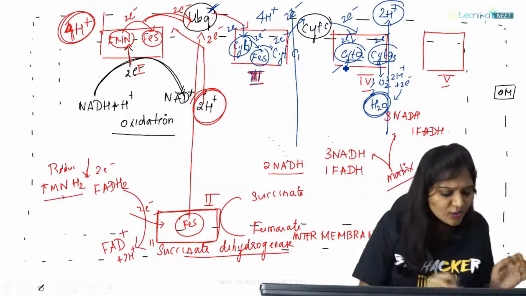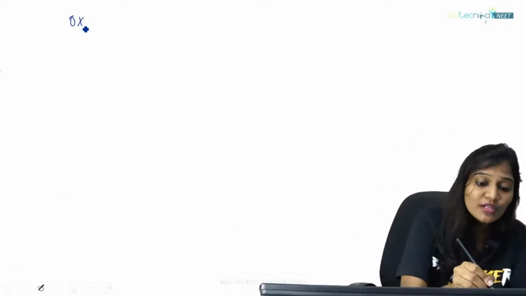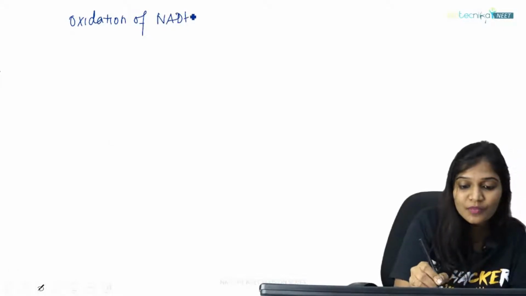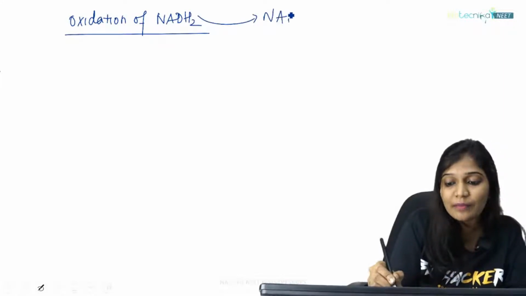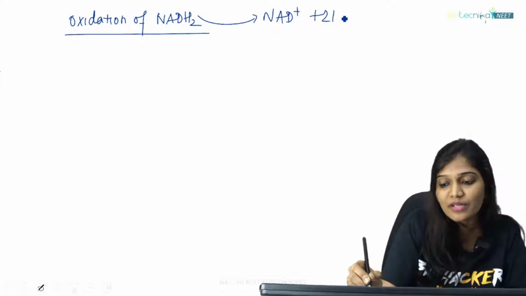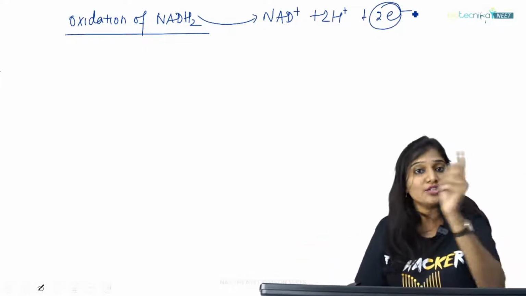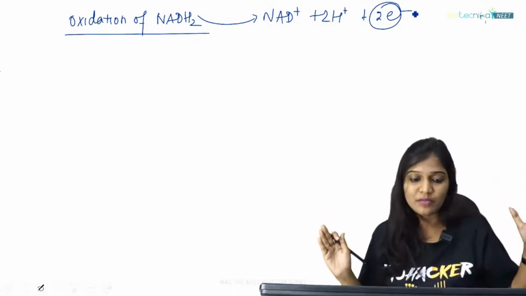Okay, now let's do the calculation of this ETC. I'm going to count this one, very important for your examination. The question in your book is the oxidation of NADH2. Whenever you oxidize NADH2, it becomes NAD plus 2H plus electrons, and these electrons will be given to each of the molecules, from low redox potential to high redox potential.